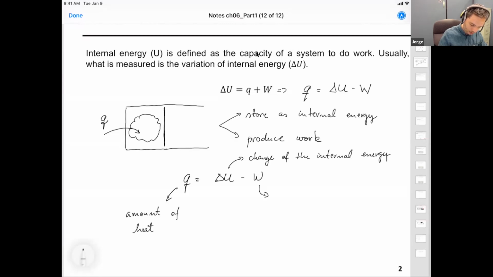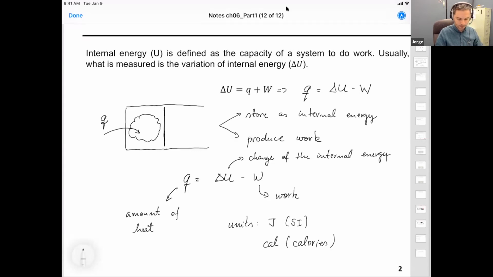And W is defined as work. The units here are units of energy. So we can use joules, which is the International System unit, or the usual unit, cal, which means calories.